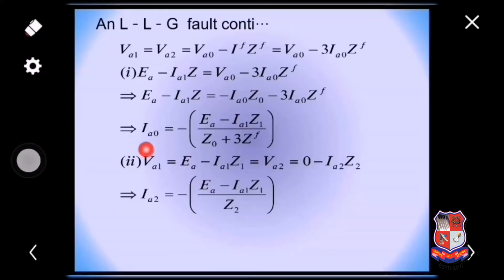So IA0 is expressed in terms of IA1. Similarly, use VA2 and take IA2 on the other side. It means express IA2 in terms of IA1. Now use these two equations, IA0 in terms of IA1 and IA2 in terms of IA1, in the basic equation of the boundary condition. Suppose this is equation number 8 and this is equation number 9.